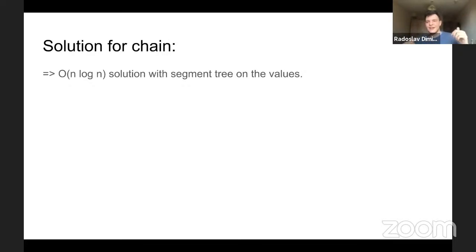Then with a segment tree on the values, every possible value has a certain position in the segment tree. It's kind of hard to think about the abstraction, so let's get into more details.